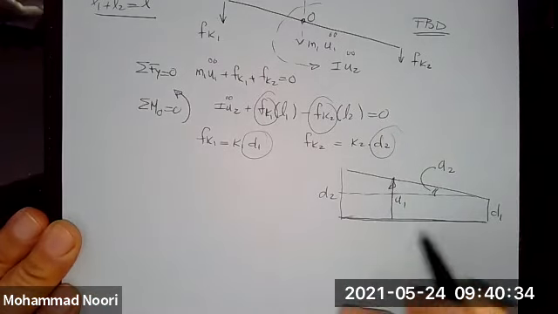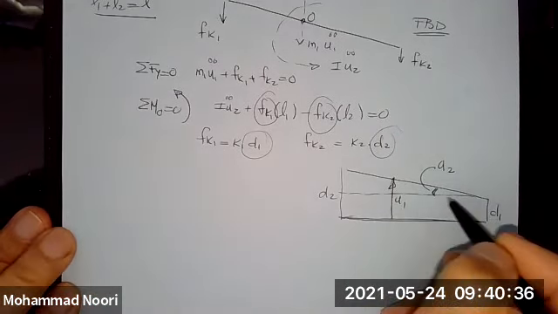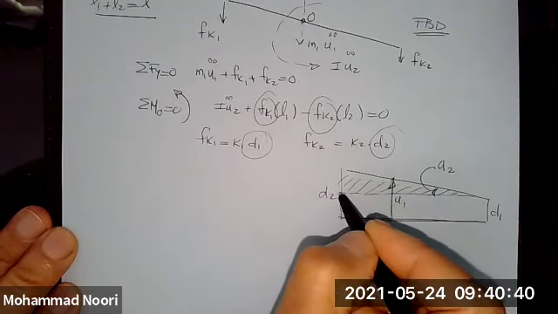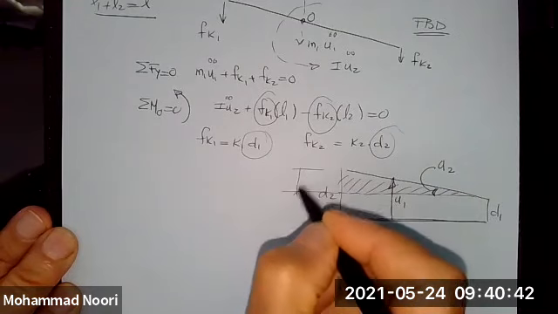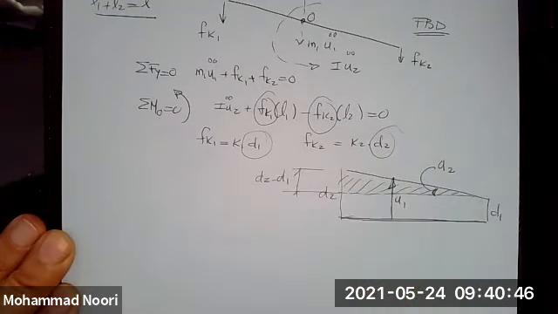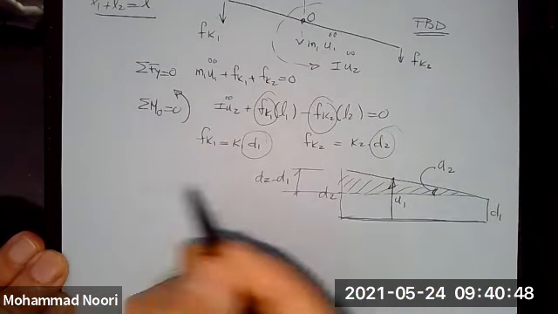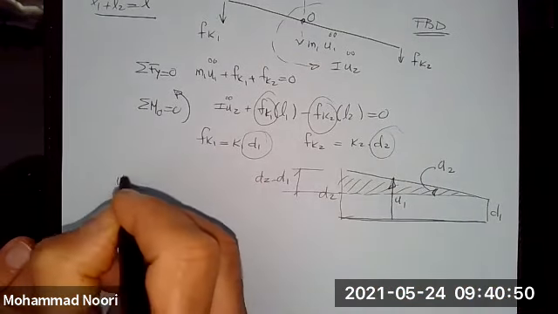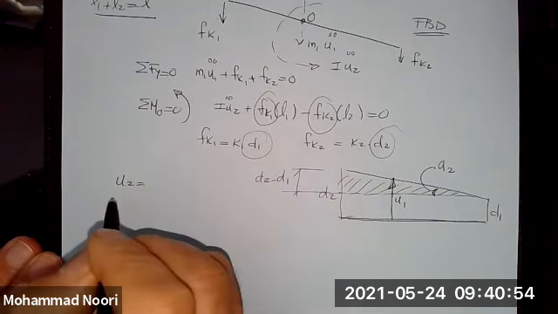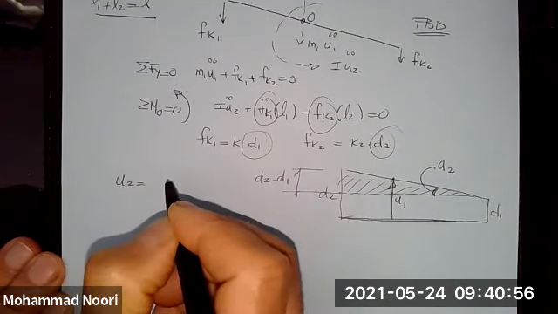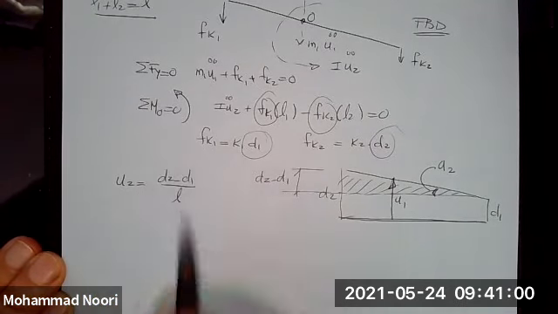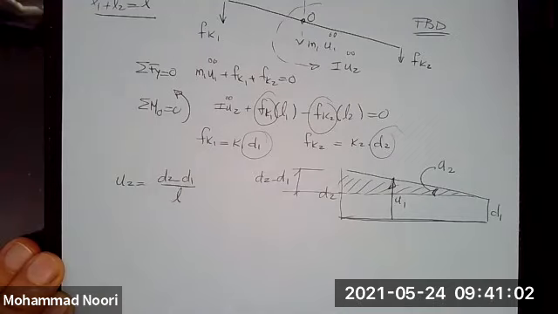From this triangle, this is D2 minus D1. So tangent of U2, the angles being small, U2 is D2 minus D1 divided by L, okay?